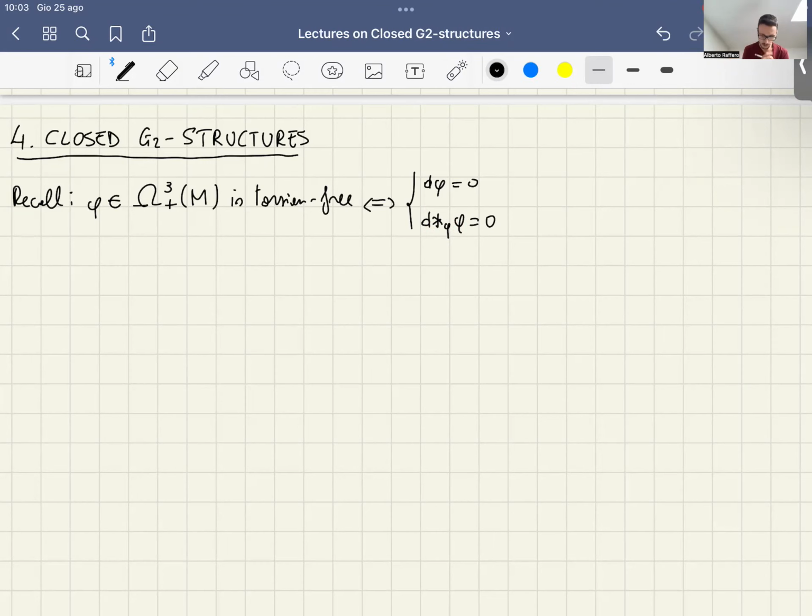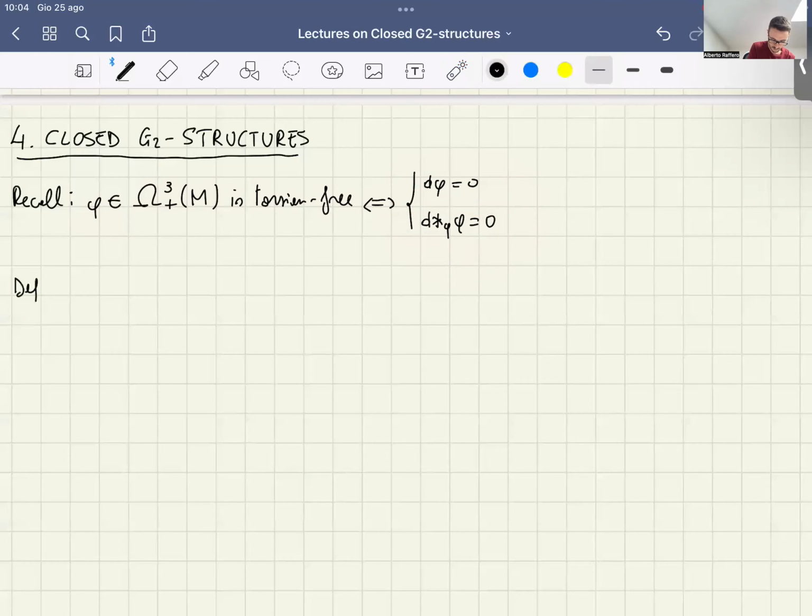by the three-form. So this point of view gives rise to two different types of G2 structures that can be considered and studied on their own, which are those whose defining three-form satisfies this condition here, the so-called closed G2 structures, and those whose defining three-form is actually co-closed, the so-called co-closed G2 structures.